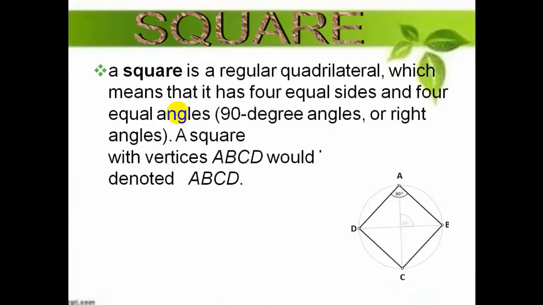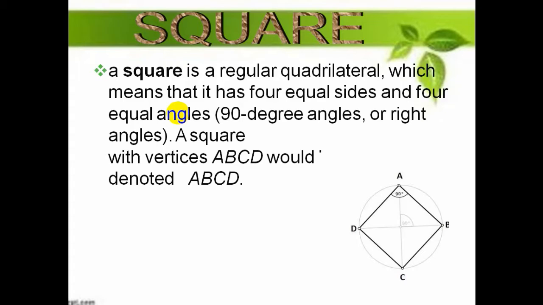Now, square. Dear students, you know about a square. A square is a quadrilateral geometrical shape, two-dimensional shape, whose length of all four sides are equal. A quadrilateral means a shape which has four sides.